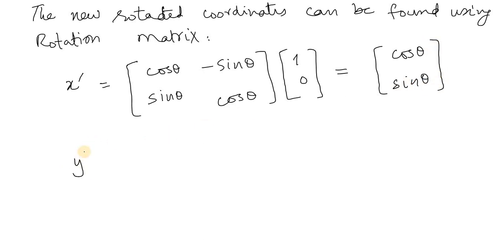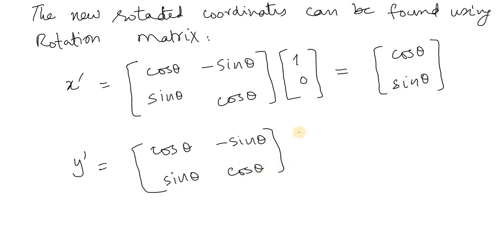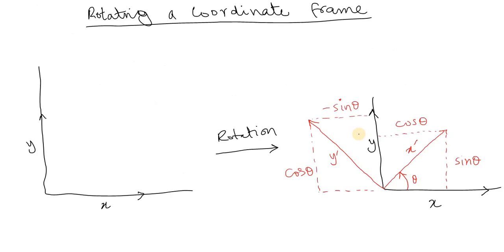Similarly, we can find the y component: cosine theta, sine theta, minus sine theta, cosine theta. This time when we multiply with x and y, for the y component x will be 0 and y will be 1, since this y component is only along the y-axis and has no x component.